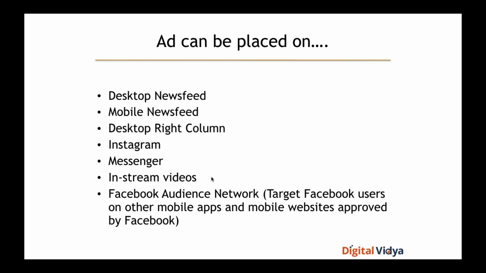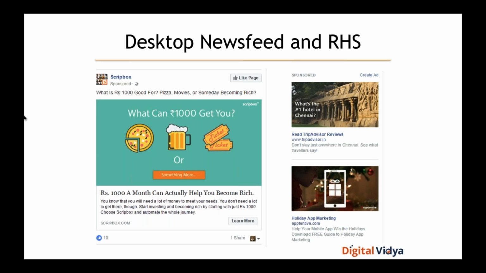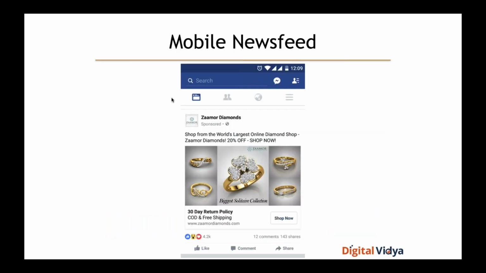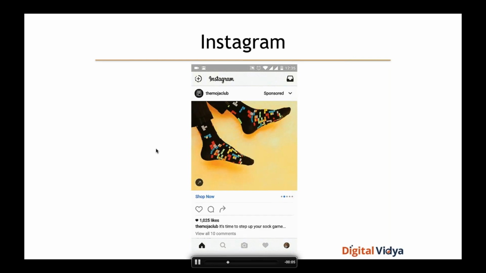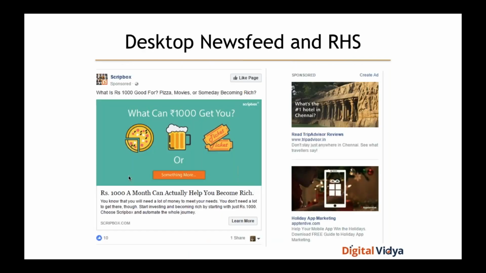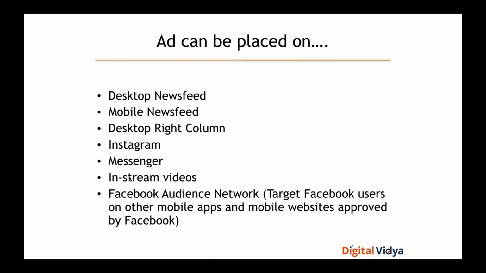All right. Now let me show some previews of a few of them. Desktop looks like this, the right column looks like this, and mobile newsfeed looks like this. Okay, I'll show the list again. I'll let you all absorb the list first.